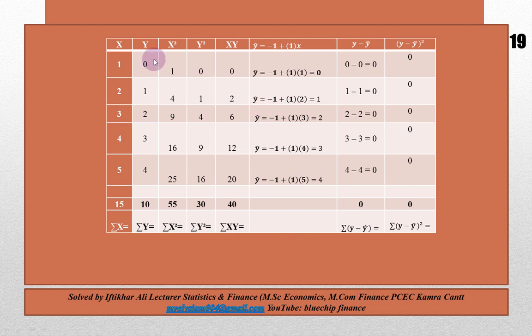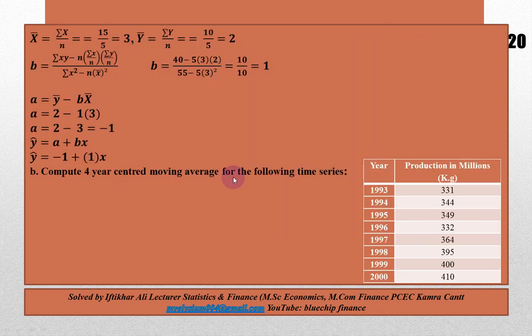So first of all, we will have to calculate x and y, x square, y square, and xy, because y hat equals to alpha plus beta x, and alpha we already discussed that it is equals to y bar minus beta x bar, and beta, the formula for beta in regression, not in time series, is equals to sum of xy minus n mean of x mean of y divided by sum of x square minus n x bar whole square.